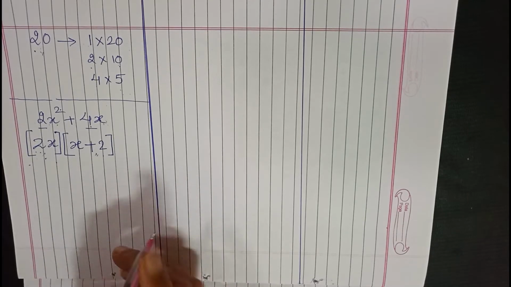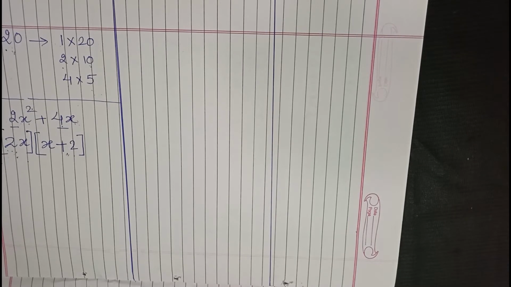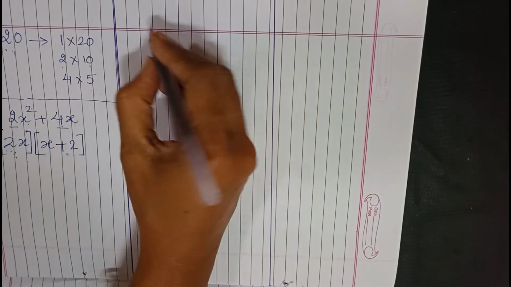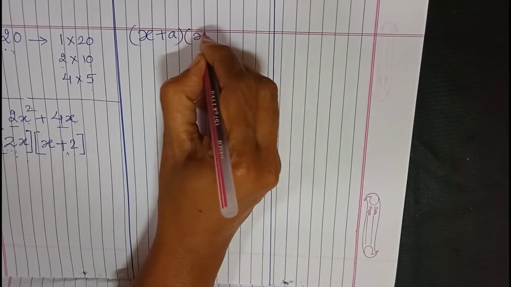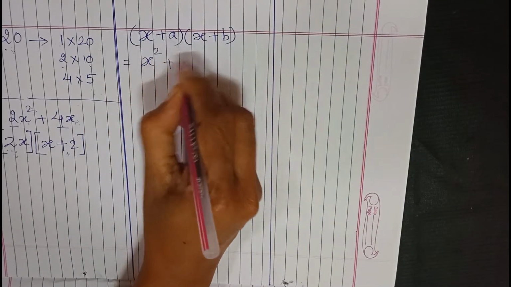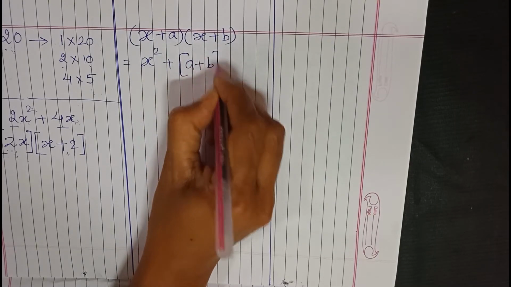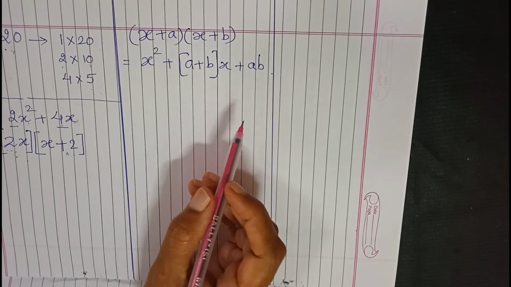And this year, we will start with a polynomial or a trinomial. Now, this year, you have learned one method of expansion. That is, when it is in the form x plus a and x plus b, we have expanded it using the formula x square plus a plus b into x plus ab.